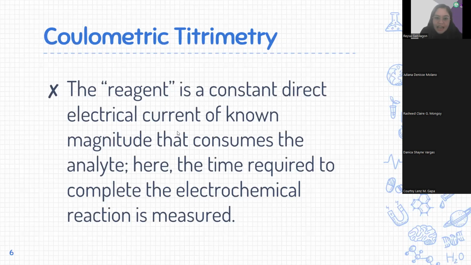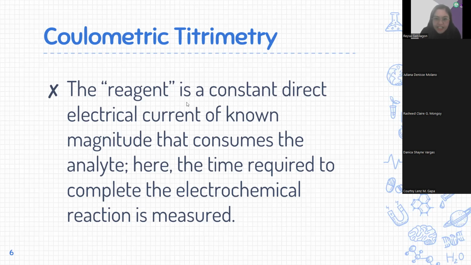Okay? And then lastly, for the types of titrimetry, we have the coulometric titrimetry. So si coulometric titrimetry involves the use of sophisticated na machine or apparatus or equipment, and this will, class, measure the electric current.